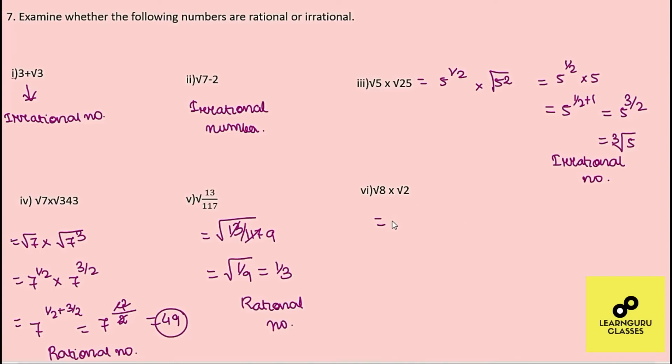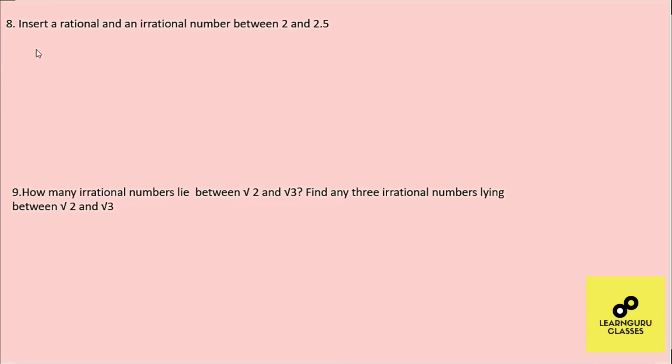So root over 8 we can write as 2 to the power of 3, root over, into root over 2. Now if we just remove the roots, it will come as 4. So 4 is also a rational number.